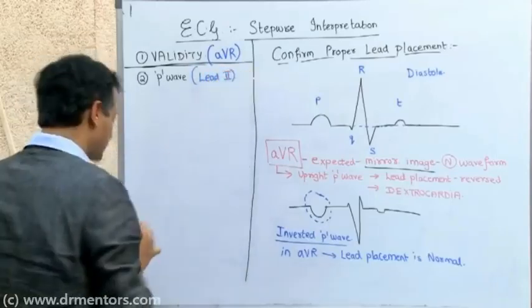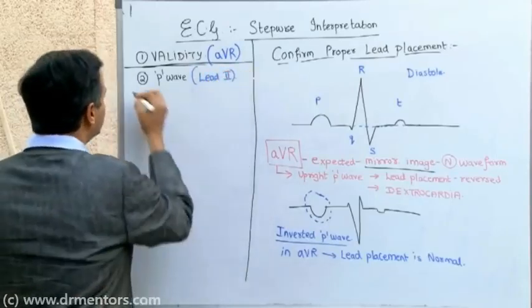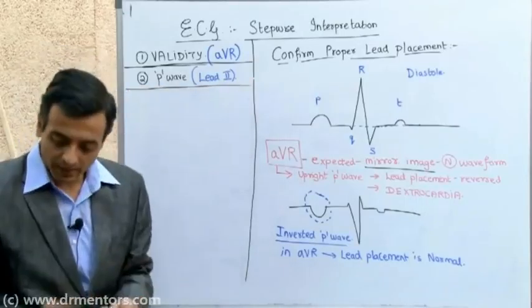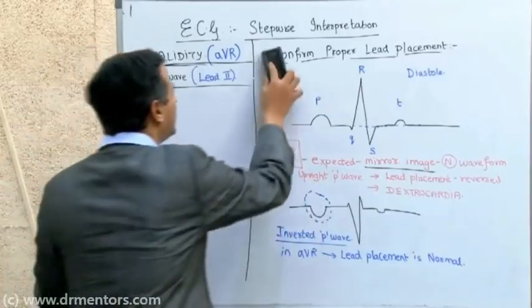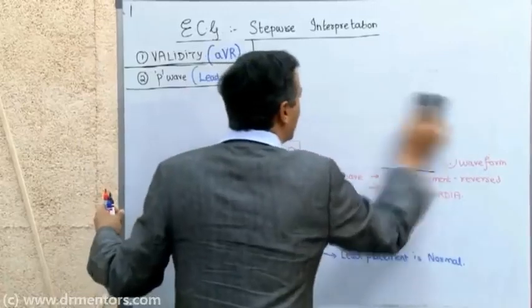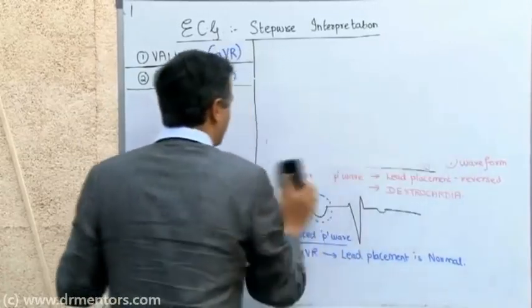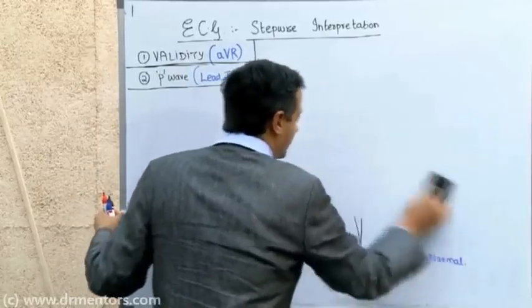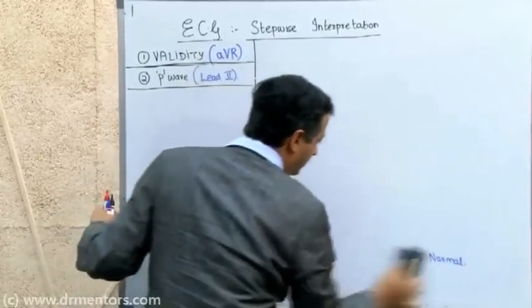The best place to look for the P wave is lead 2. What do you get in the normal P wave? So first we are learning what is normal and what is abnormal.